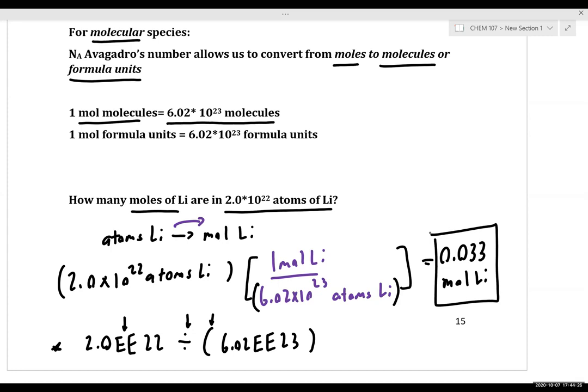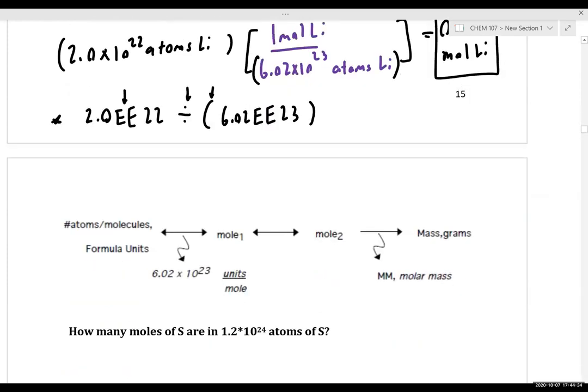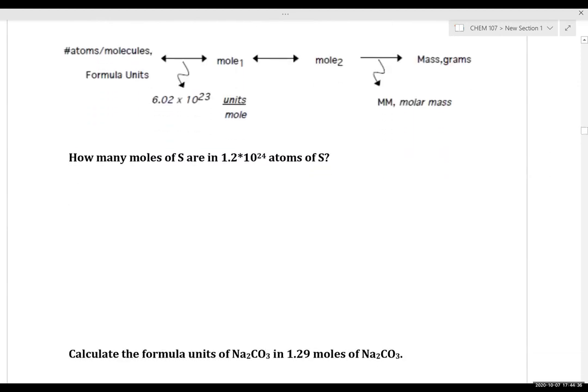Okay, so we saw a nice reasonable pool of responses as we work through this problem. Let's now check our understanding, and I'd like you to work on the following 2 examples. In the first case, we're calculating the moles of sulfur given the atoms of sulfur.